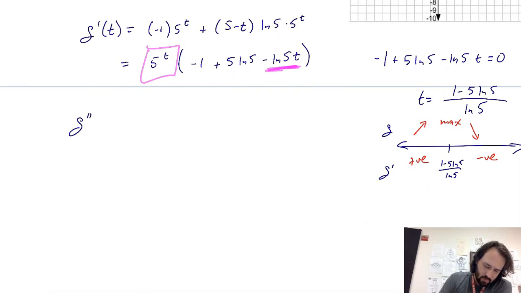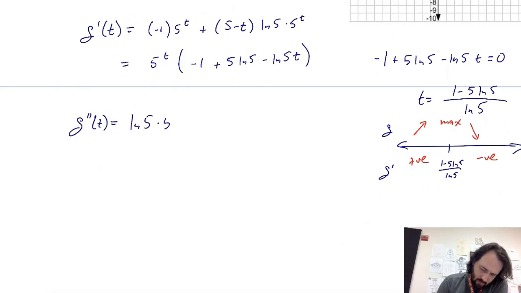So let's see, for my second derivative, let's see what we can do. Which form would it be easier? Probably the form I have it in, huh? So if I do the derivative of the first, which is that 5 to the t, that would be ln of 5 times 5 to the t times all this junk.